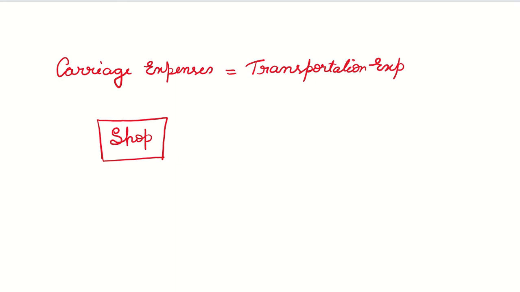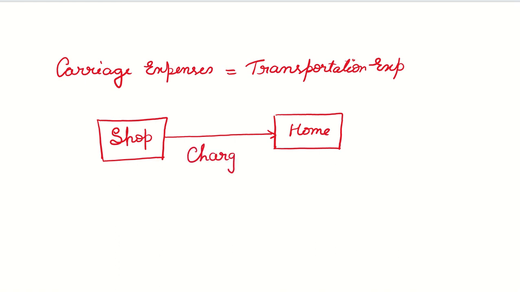So I'll tell the shopkeeper to transport that refrigerator to my home. The shopkeeper will transport it by his vehicle to my home, and to transport that refrigerator, he'll charge me some amount. That amount is known as carriage expenses. Fine. So this was an example from personal life.